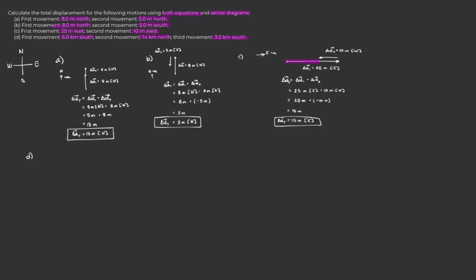So let's say we start here. We're moving 6 kilometers south. So delta d1 is equal to 6 kilometers south. And then we're moving 14 kilometers north. So it's something like this.